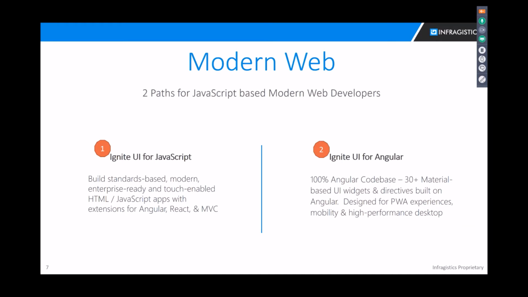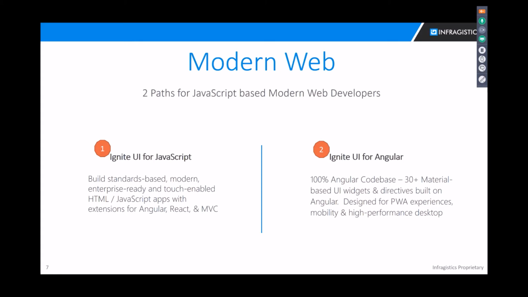One of the things that we are doing now in Ignite UI for JavaScript is removing its dependency on jQuery. jQuery is still probably one of the most widely used libraries in the world on websites. In fact, we just did an Angular conference, and the Angular website by Google actually used jQuery, which we thought was pretty interesting.